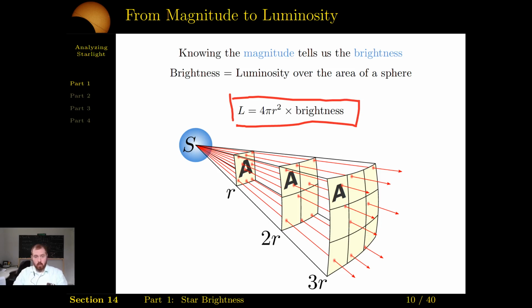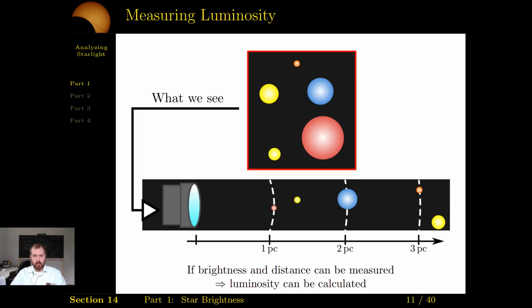But, once again, here's the emphasis. If I have the brightness, right, and I know how far away the star is, I can calculate how luminous it is. Calling back to the beginning of this, we said, here's the picture we see. We see a bunch of different stars. We measure the brightness. From the magnitude, we get the brightness.